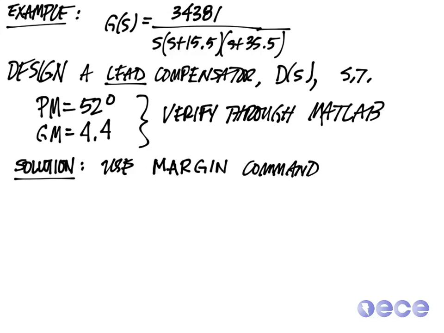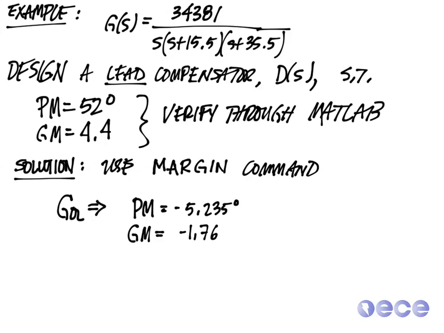With the margin command, using our open loop transfer function from above, the margin command gives us the existing phase margin equals minus 5.235 degrees, and that the gain margin is equal to minus 1.76 dB.